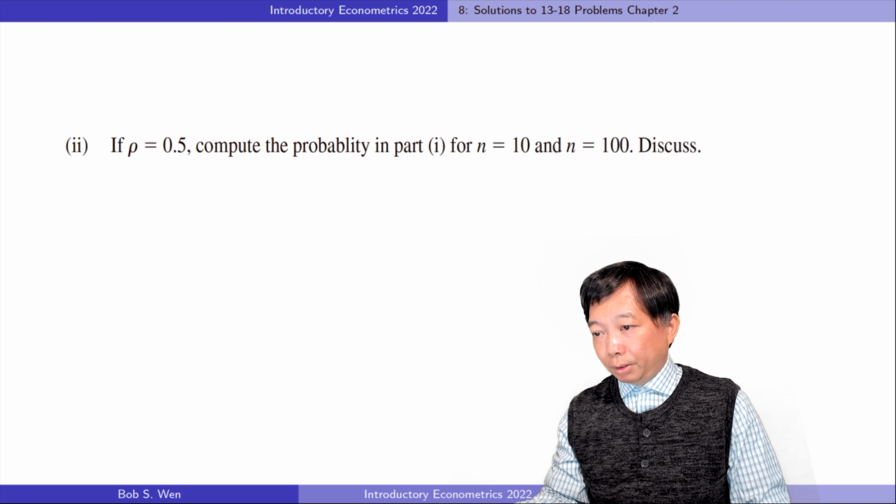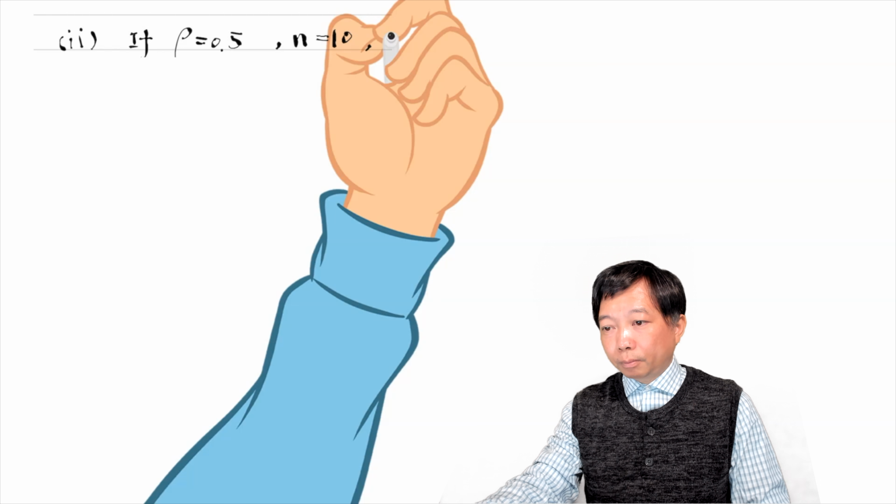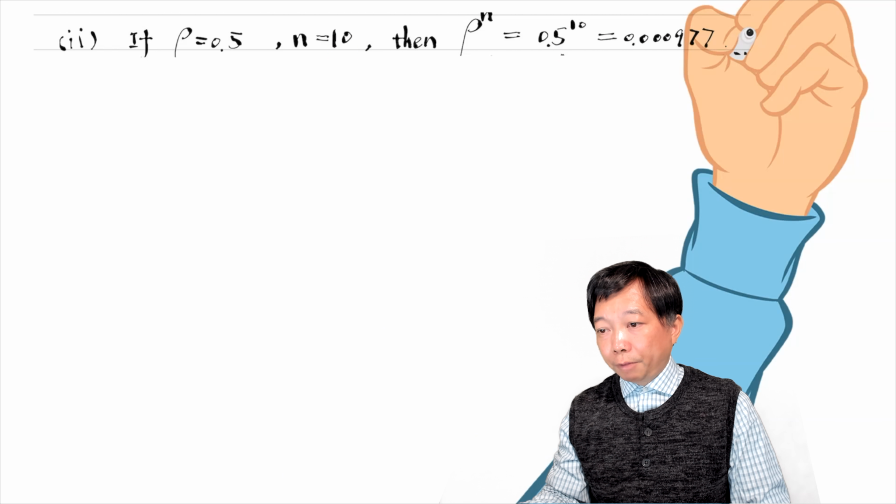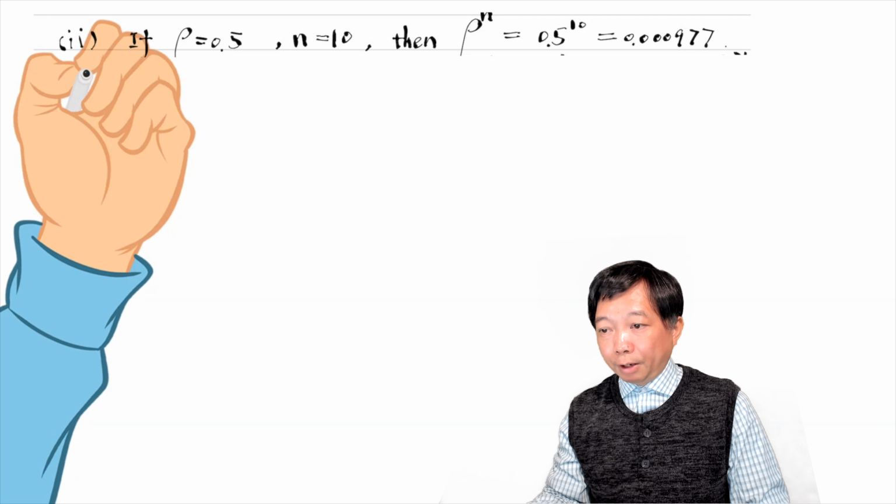The second question is to compute the probability for ρ equals 0.5 and n equals 10 and 100. Discuss. If ρ equals 0.5 and n equals 10, ρ to the power n is 0.000977.